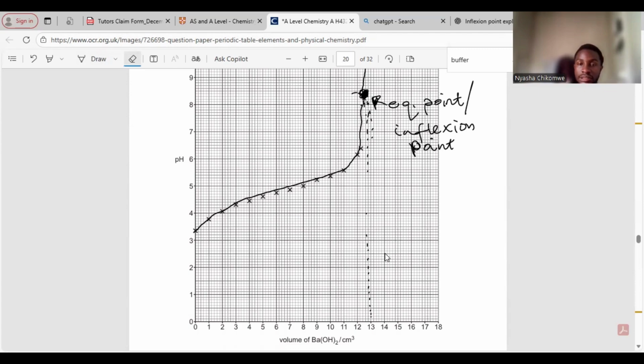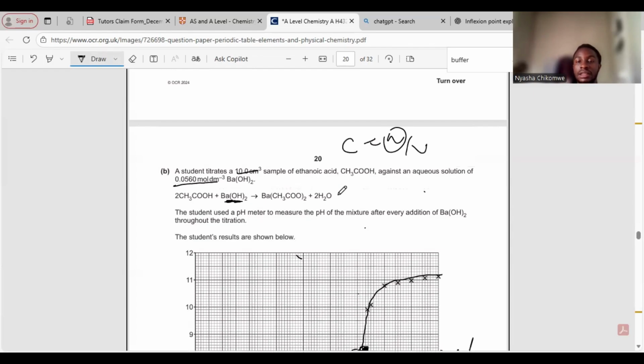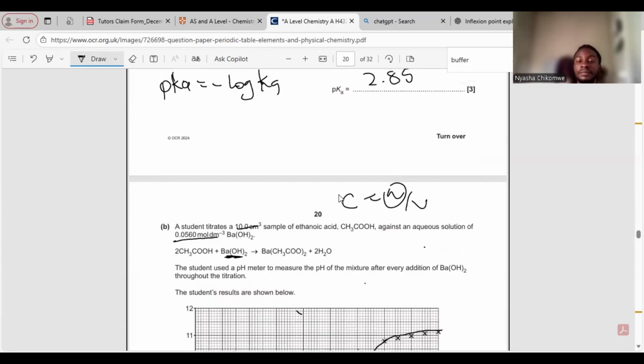Looking at this, my line is a bit skewed, but I can see that the point is around 12.5 cubic centimeters. 12.5 cubic centimeters of barium hydroxide is required for the neutralization.